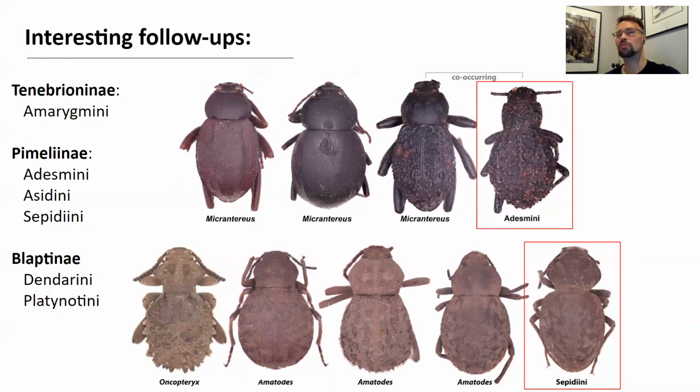So once we finish our work on the catalog and provide a first phylogeny of the group, maybe we will open up this awesome group for other researchers, or maybe we can be involved in that study because I personally believe this is a really nice and interesting group of beetles.